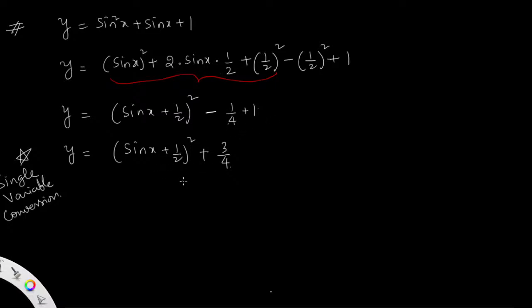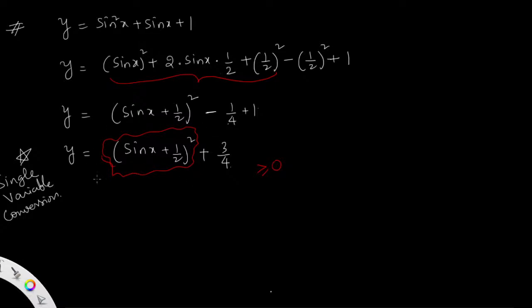For getting the value, this total term cannot be negative. Why? Because it is a whole square value, so it cannot be below 0. Any value you put, this term cannot be below 0. That is why this total value always becomes positive only. Okay, are you following the concept?